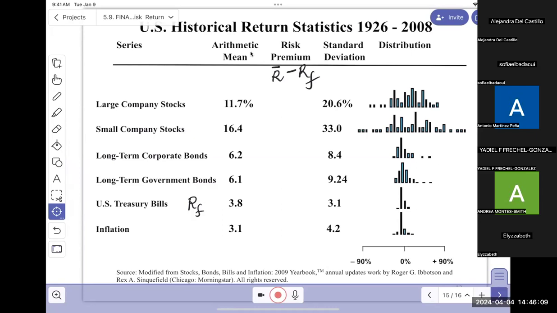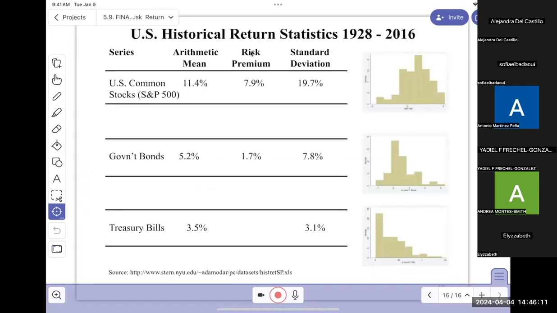And you can also do that for these. Actually, I did it. So I computed here the risk premium to incentivize investors to invest in the stock market. They have a risk premium of 7.9%. How did I calculate that?